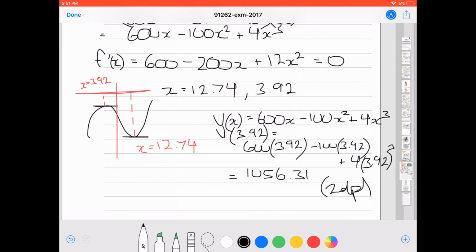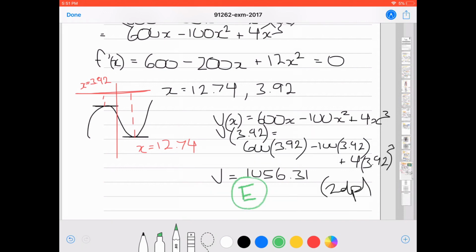Okay, and that is our correct volume. So confirm that x value is a maximum by reference to graph, gradient on either side, or second derivative. So that was our justification. But yep, correct volume with justification, that gets you an excellence grade.